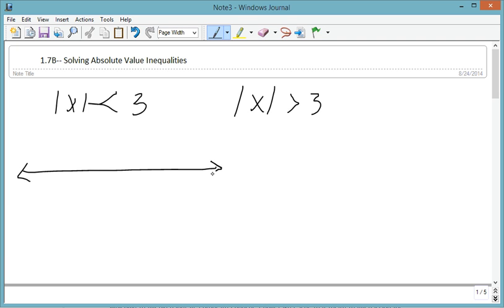So if the distance from 0 is less than 3, well, then it could be anywhere less than 3.